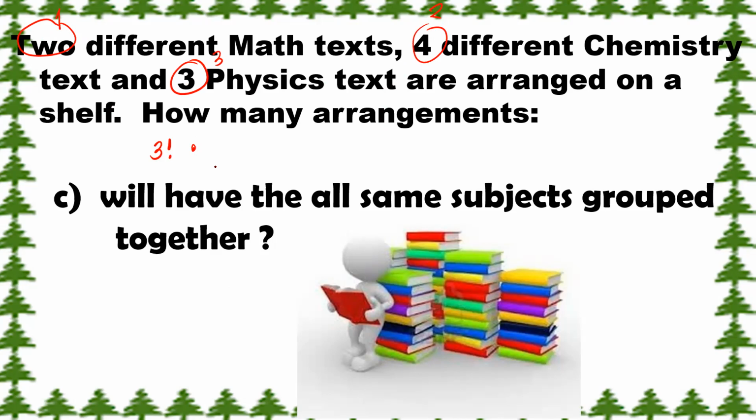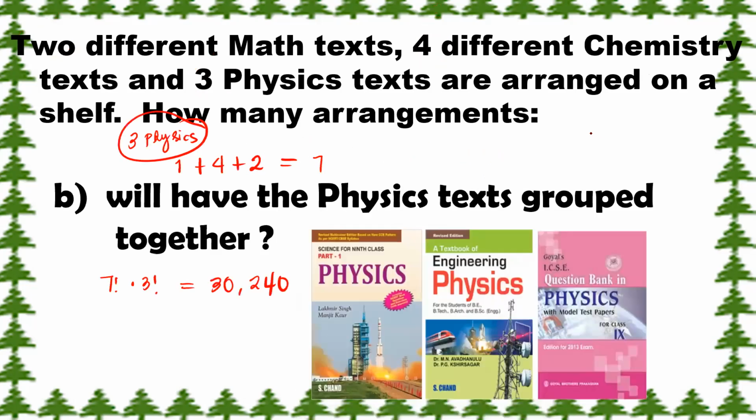Ano yung own arrangement nito? This is 2 factorial, 4 factorial, 3 factorial. And this is equal to 1,728 po. 1,728 ways. So, balikan natin yung mga nasa taas, ha?